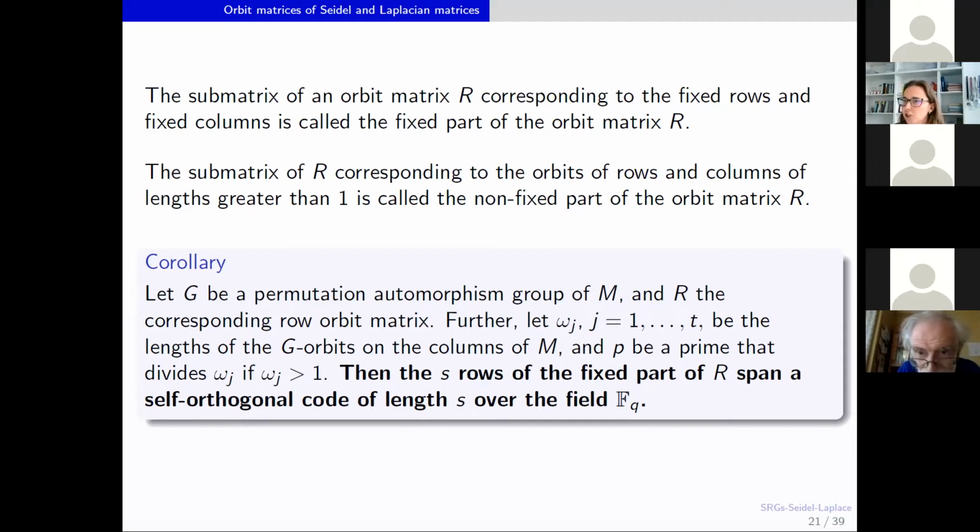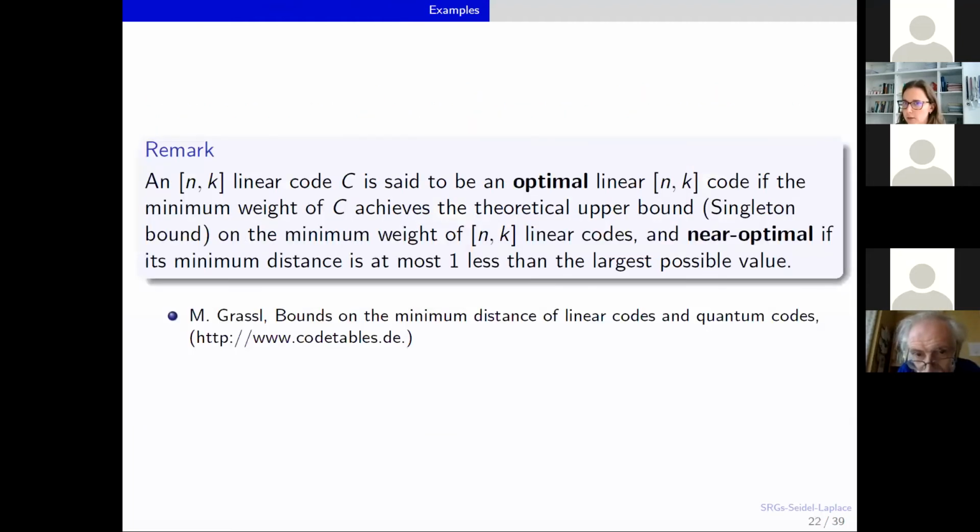So actually we used all parts of orbit matrices of Seidel, Laplacian and signless Laplacian matrices in order to try to construct codes with nice properties. Okay, so these methods that I've shown you give you ways of constructing self-orthogonal codes.